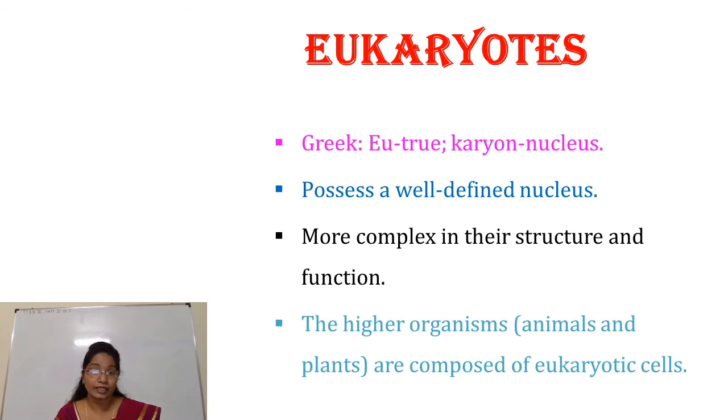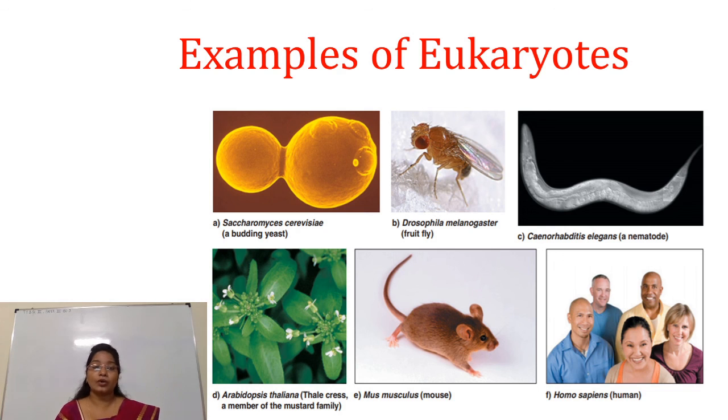The higher organisms such as plants and animals are composed of eukaryotic cells. These are certain examples of eukaryotes, in which the first photograph is of yeast cell, Saccharomyces cerevisiae.